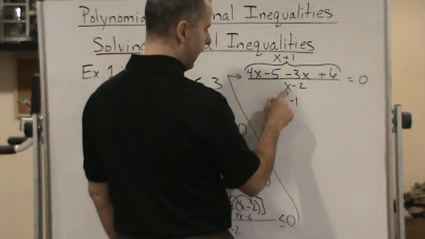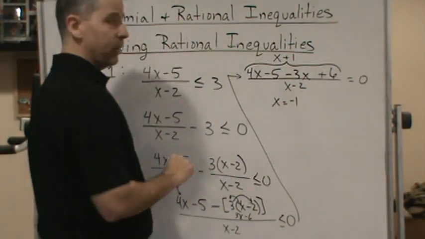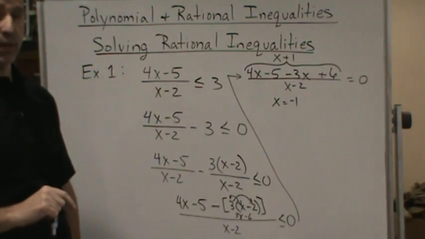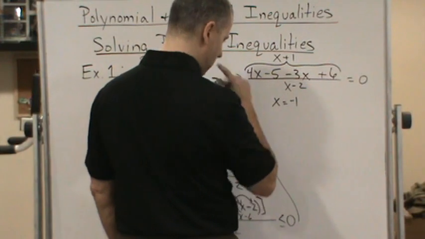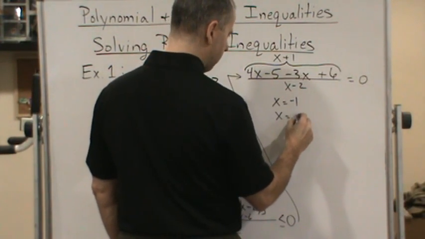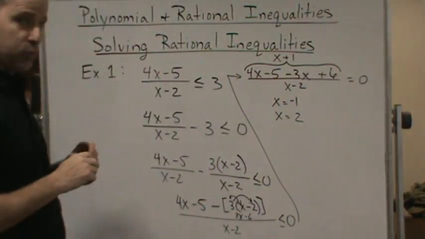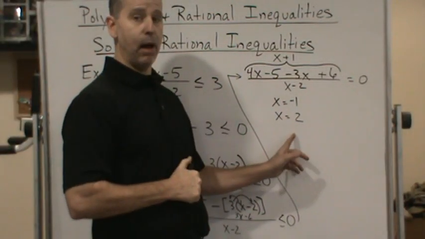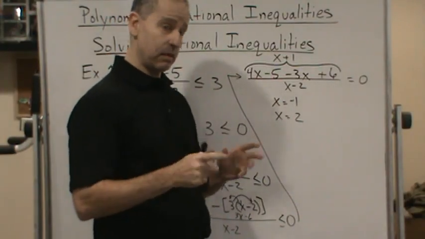And that's going to be when x is equal to 2, because when the denominator is 0, that's when the expression is undefined. So when x equals 2, that's going to be an important point. So again, why am I getting these points? Because these are going to be my boundary points of the intervals that I'm going to test.